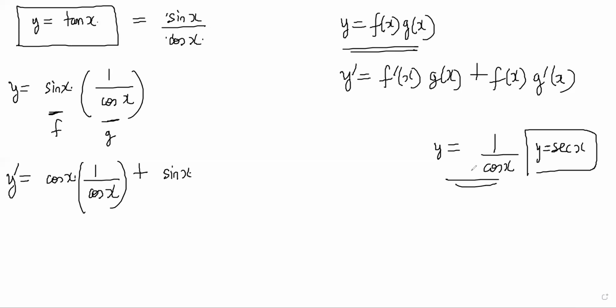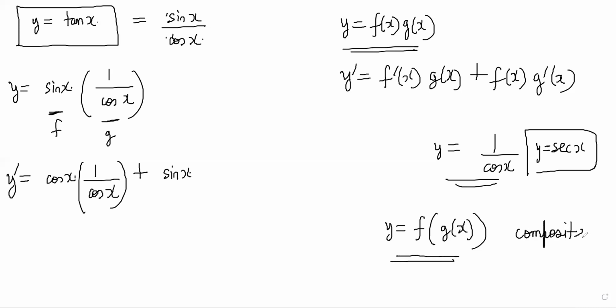Chain rule says that if you have y is equal to f of g of x, this is called a composite function. Composite function means I take an input x, give it to the g function, and whatever is the output of the g function is fed into another f function.